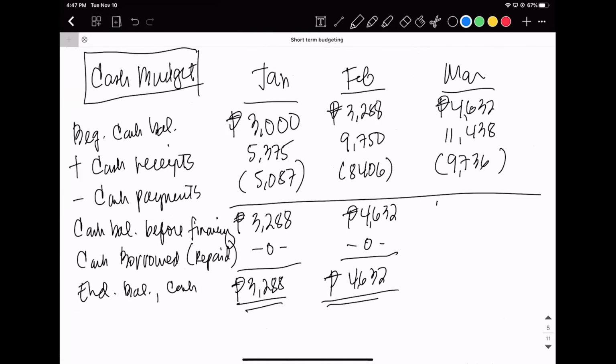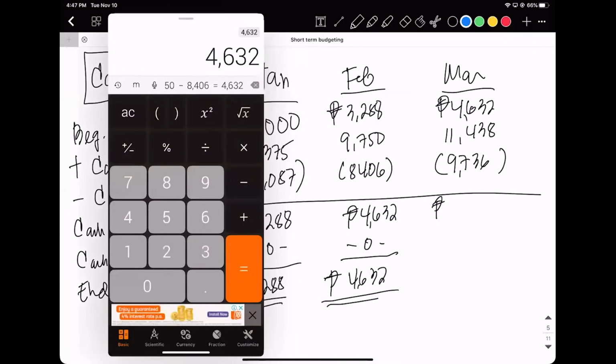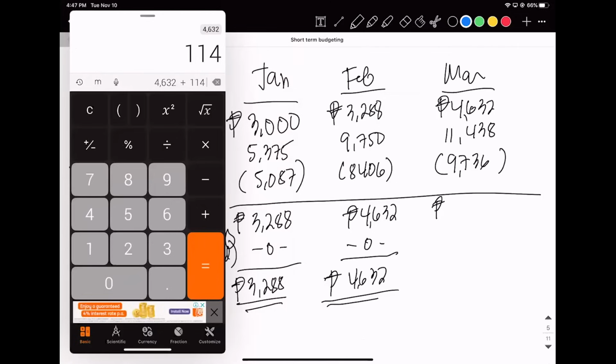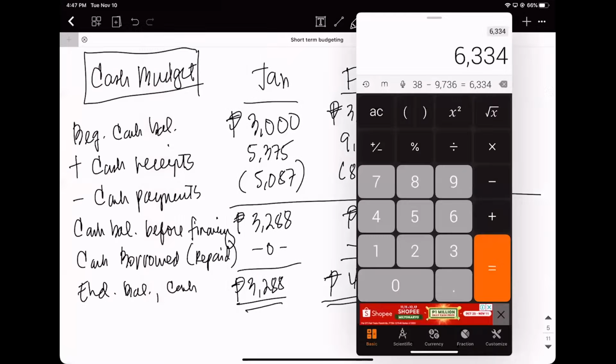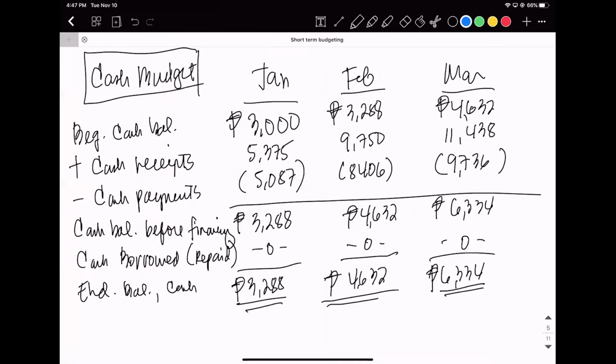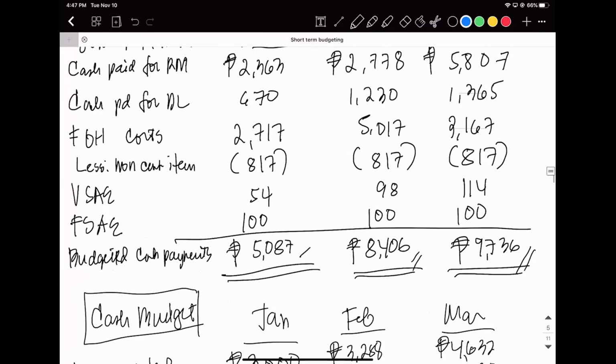So, 4,632 plus 11,438 minus 9,736. So, 6,334. Ayan. Okay. So, we're done. So, ito na yung cash budget, no? Okay.